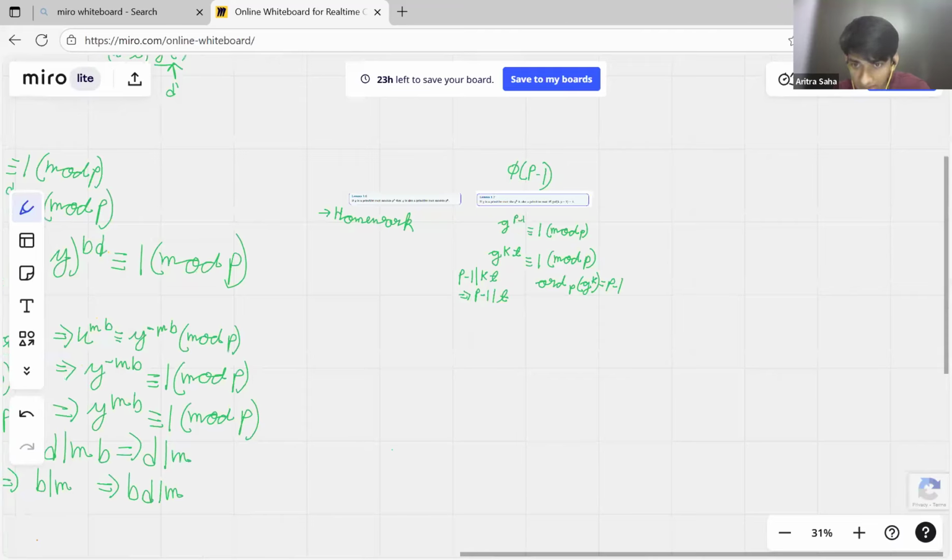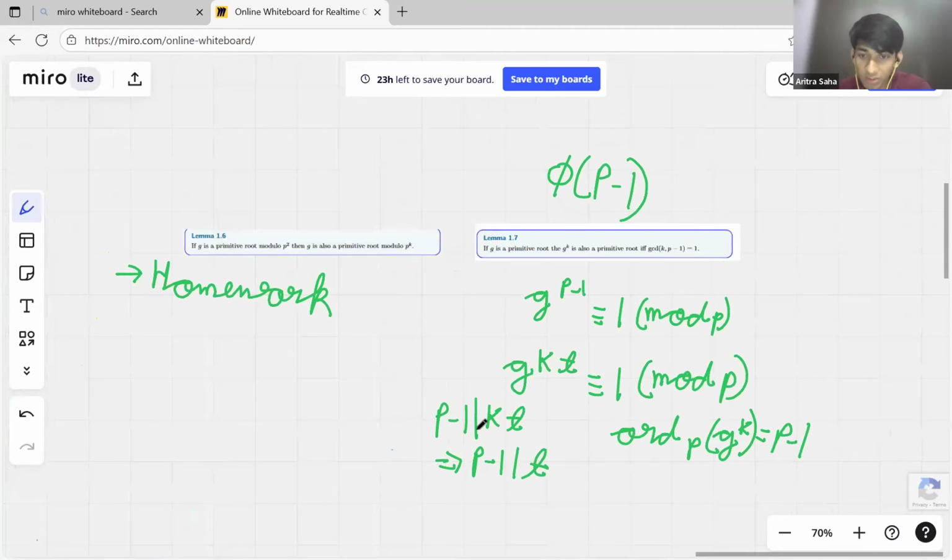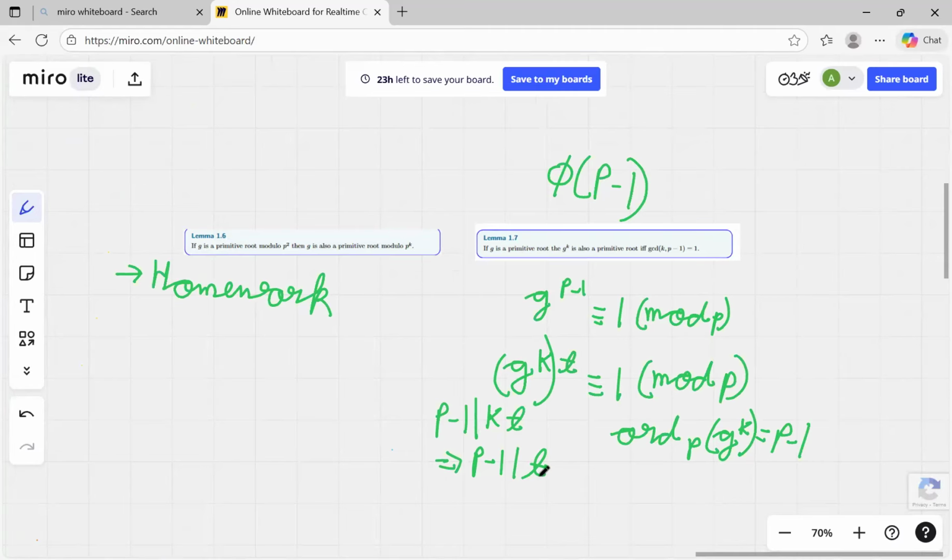Okay. Now, in the earlier proof, what exactly is t? t is the order of g to the power k. Okay. And we wanted to prove t is p minus 1. Yeah, and because p minus 1 divides t, t is p minus 1. Okay.